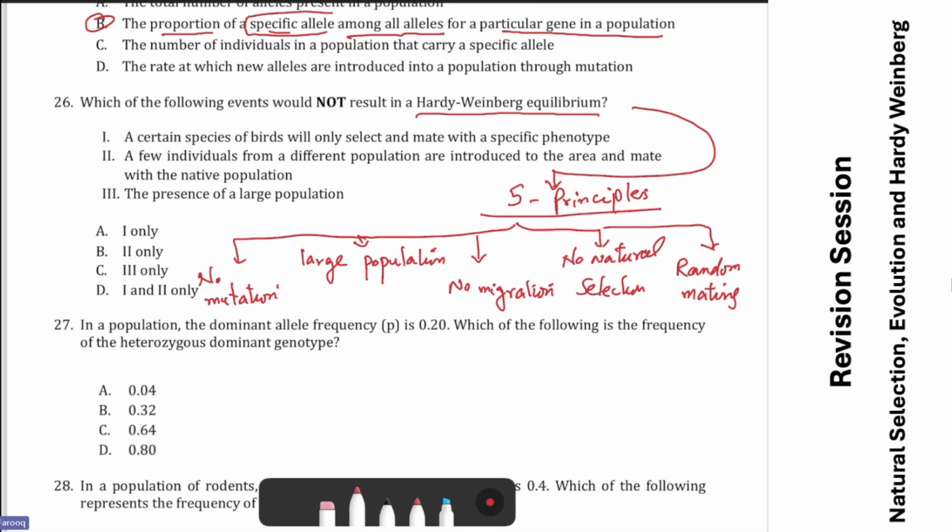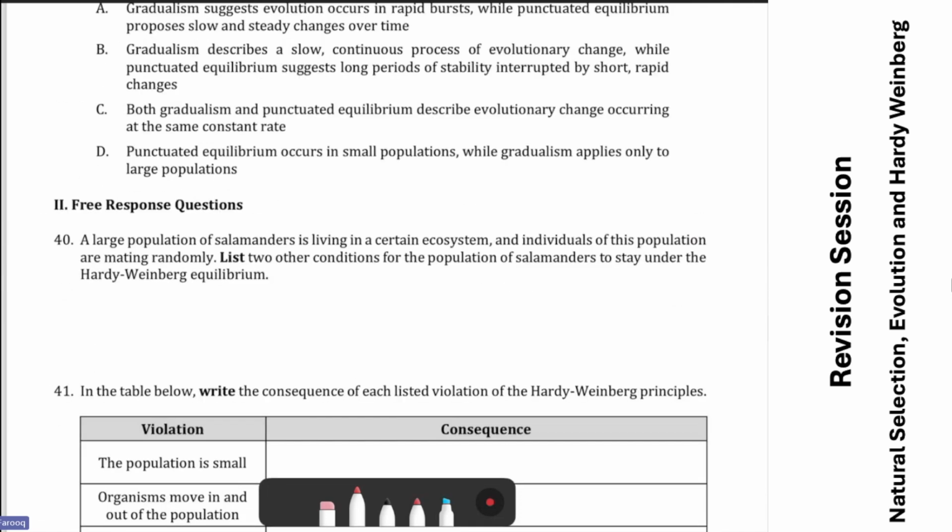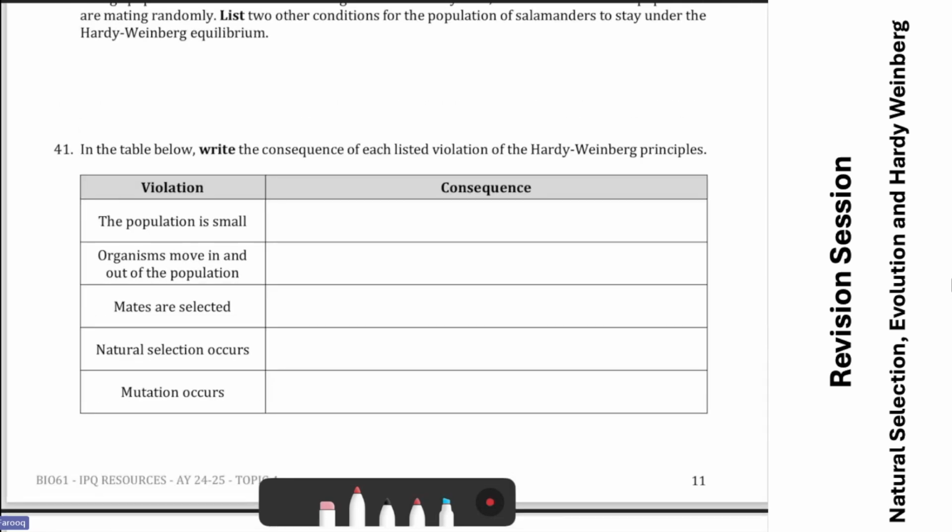But if any of these principles is not met, it will lead to violations, and these violations will result in evolution. So you should know, there is a question down. I will just go down here. So you have violations and you need to say the consequences.